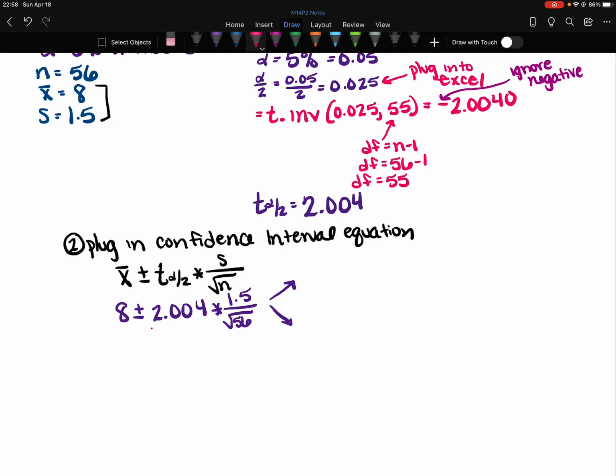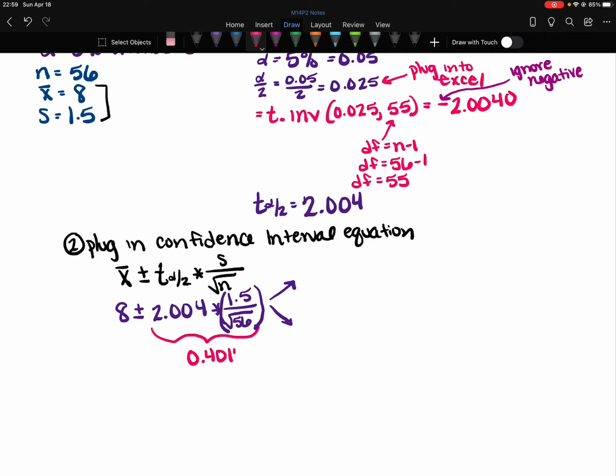So I'm going to find the margin of error first, which is the second half. And you can do this actually all at once. If you just throw parentheses around this fraction, then you don't have to do those pieces separately.